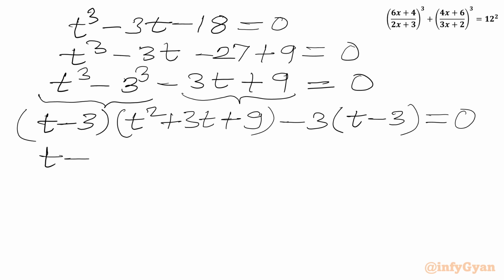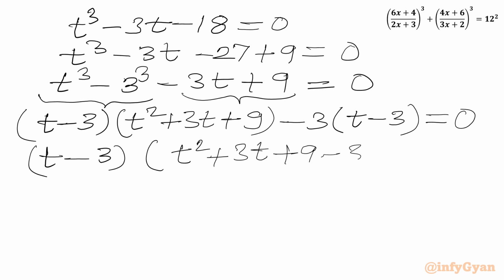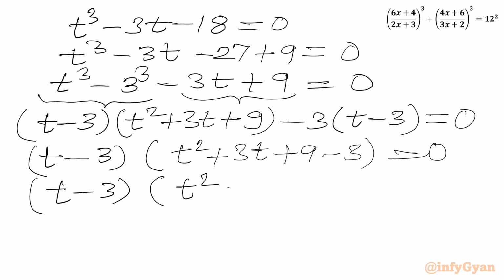Now t minus 3 is overall common. In other bracket, we will be writing t square plus 3t plus 9 minus 3. So we can write (t minus 3) times (t square plus 3t plus 6) equal to 0.